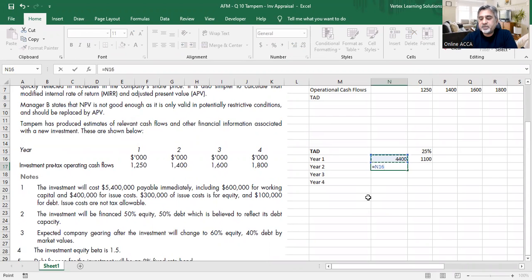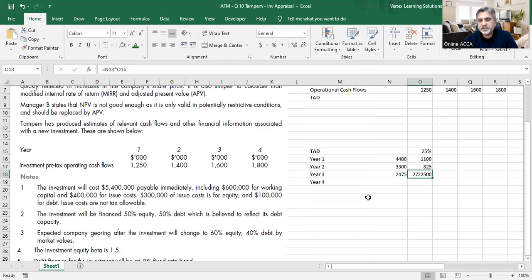The second year, because it is reducing balance, it is 3.3 million which is remaining, and on this 3.3 million you take 25%. Then I copy paste it, and the last year it is this much.